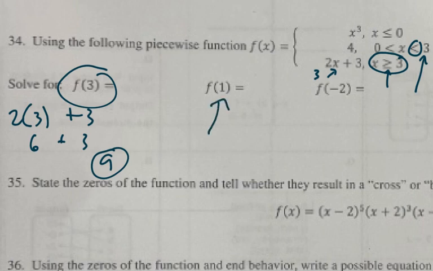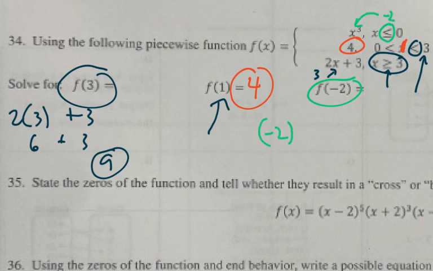All right. Now, what about f of 1? Well, 1 is between 0 and 3, so we know that's just simply 4. What about f of negative 2? Well, negative 2 is less than or equal to 0, so we're going to plug it in here. Now, be careful of the negative. What does negative 2 to the 3 mean?